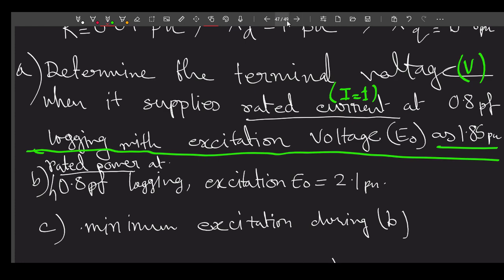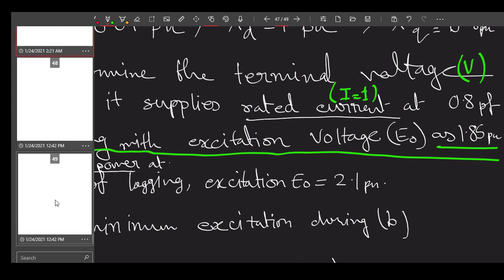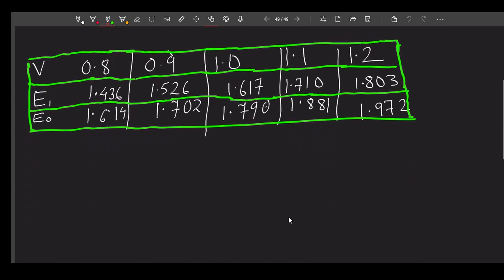So now from this table what we can do, we can write an equation for V, considering them almost linear. It's kind of piecewise linear. Like E naught and V, they are like piecewise linear in a small interval. So we have to pick up the value of V, which is like giving us the value of E naught we are looking for, 1.85.